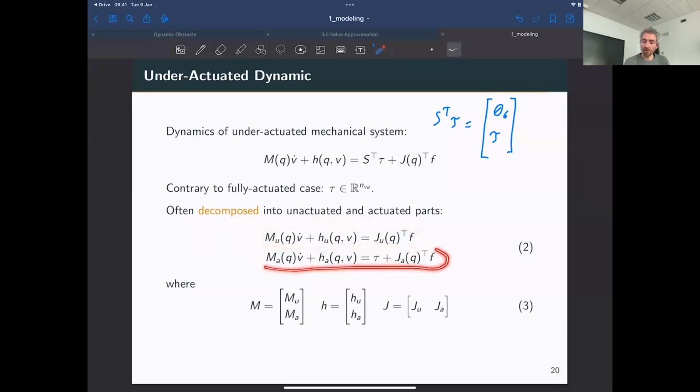And the bottom part instead contains directly the vector tau. So in this way, we can clearly see the underactuation. The first 6 rows of the equation do not depend on tau. They only depend on the contact forces F.